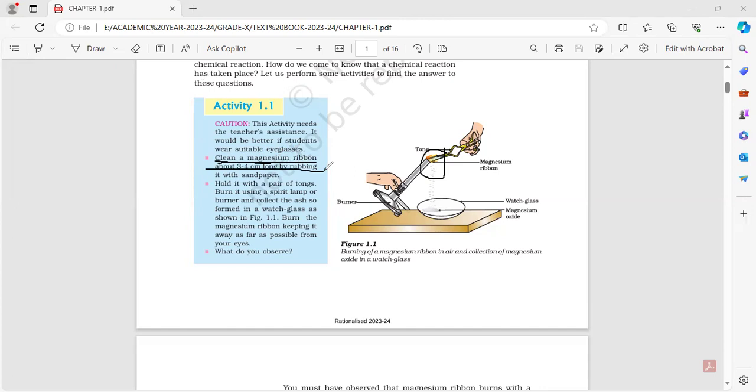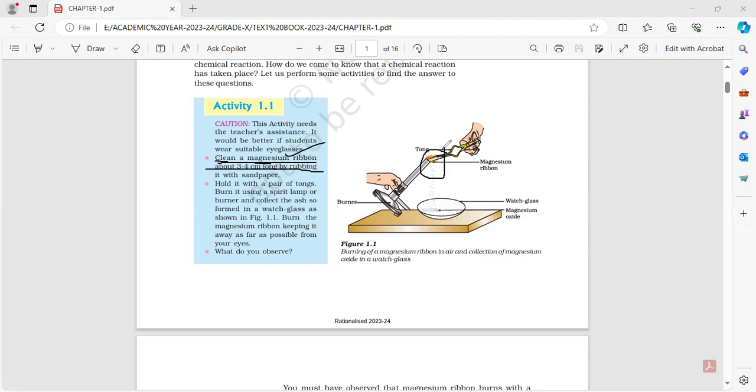So first we should rub it. Why should we clean it? Because magnesium is a metal, right? When it is exposed to air, a magnesium oxide layer forms on the magnesium ribbon.